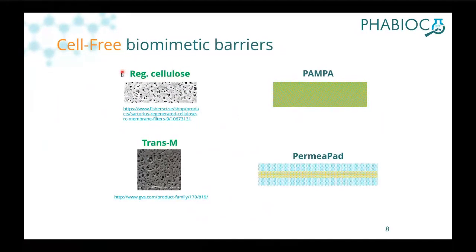And then we have two membranes that can be used, but especially the regenerated cellulose cannot be considered biomimetic, but more like a size exclusion barrier. Strat-M is also a multi-layer of lipophilic membranes that should resemble the skin.